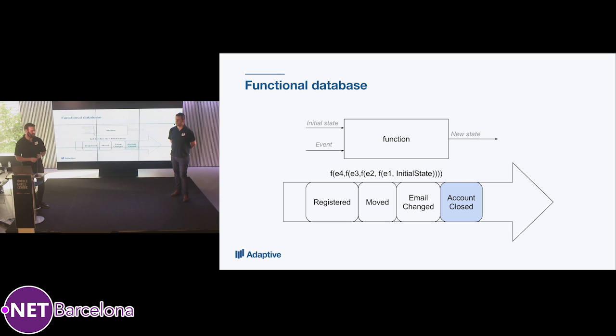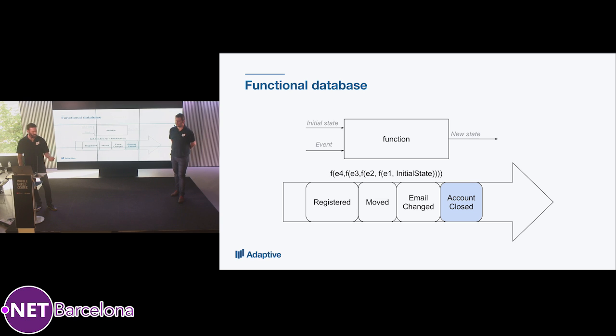The other point is that an event store can be considered as a functional database. If we have a function that takes two inputs, the initial state and an event, and then gives you some new state, we can build up our current state by nesting those function calls.